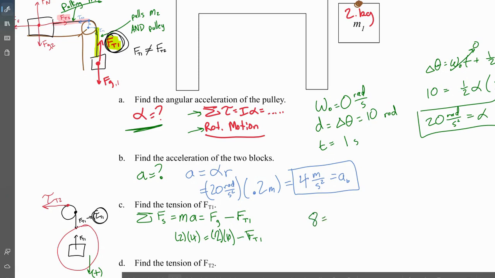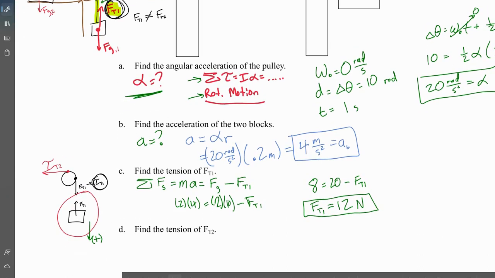Okay, so we get 8 is equal to 20 minus FT1. So this would mean FT1, add FT1 over, and then we can subtract 8, equals 12. It's a force, so newtons. Okay, FT1 equals 12 newtons. Nice.